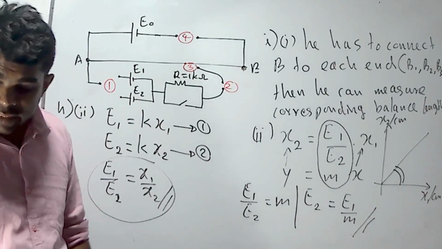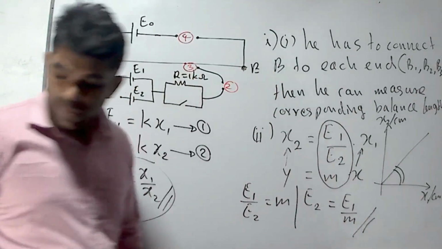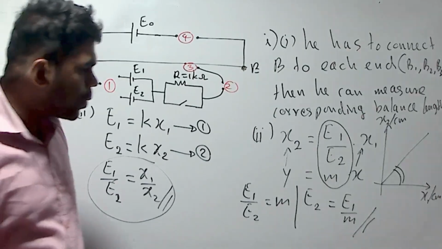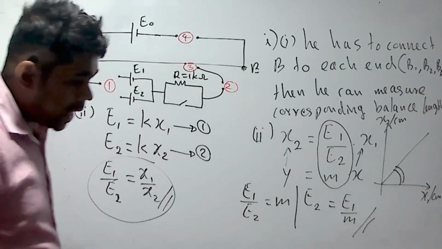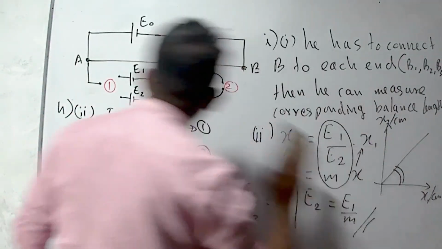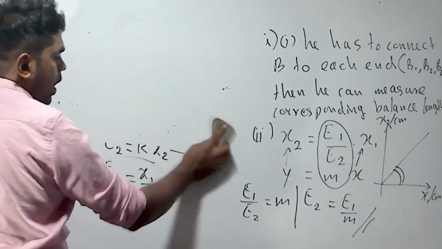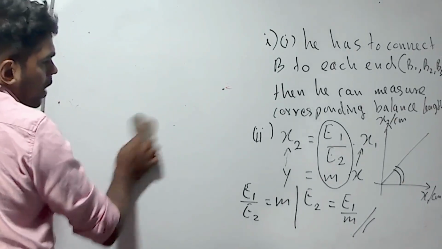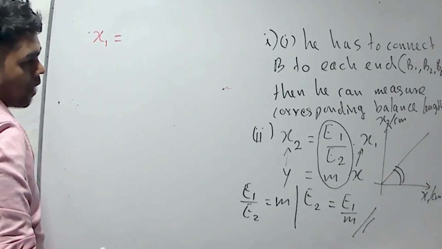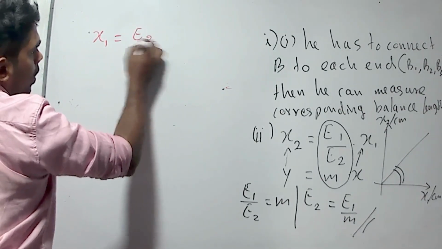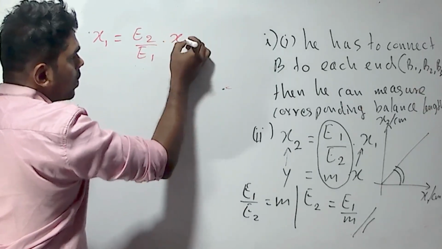There is another answer we can get by changing x1 and x2. If we are changing x2 and measuring x1, we can obtain a graph like this. Then the independent variable is x1. Then we have to make x1 the subject: x1 equals E2 divided by E1 into x2.